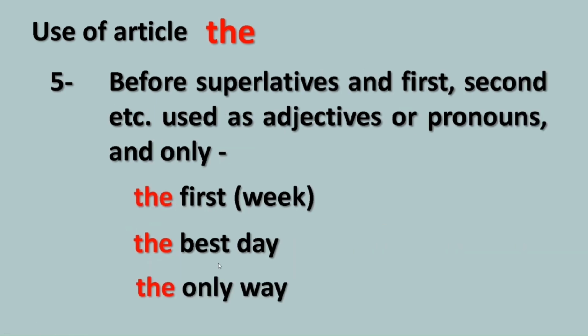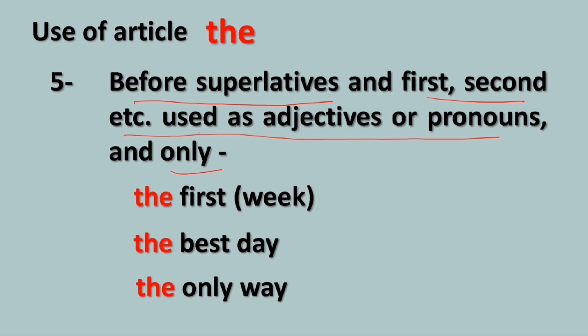This rule says before superlatives and first or second etc. used as adjective or pronouns and only. Means three things are there. First is before superlatives, second is first and second used as an adjective or pronoun, and third is only.